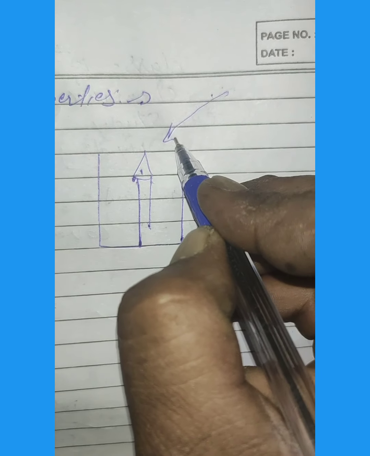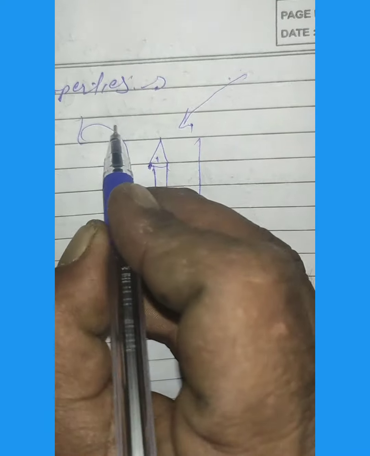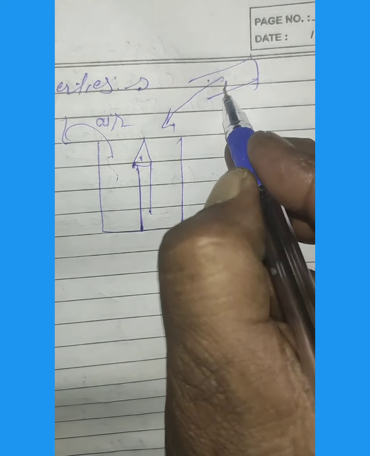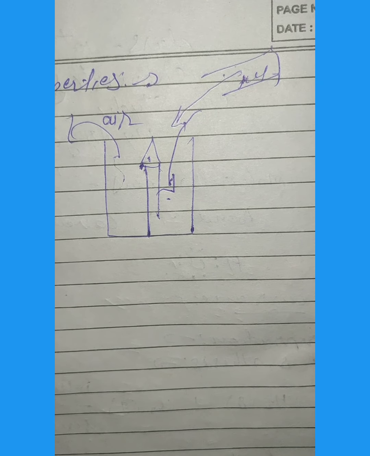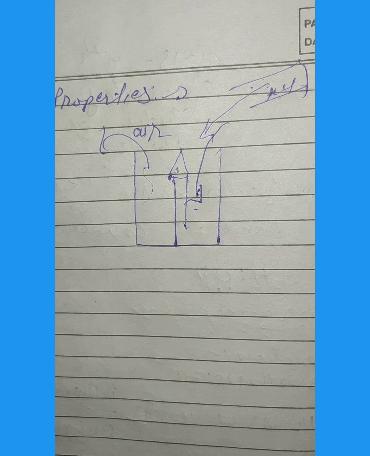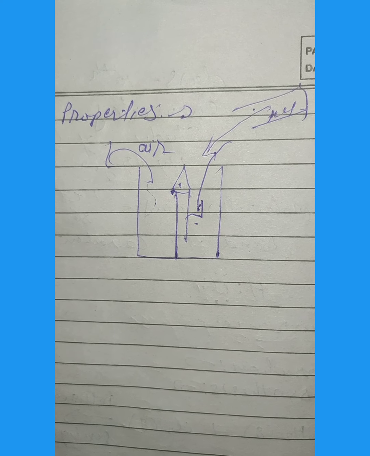You will notice that slowly the air starts to come out of the jar and HCl gas starts to go into the jar in which you kept the candle. After some time you will notice that the candle is blown off. It proves that hydrogen chloride gas is heavier than air.